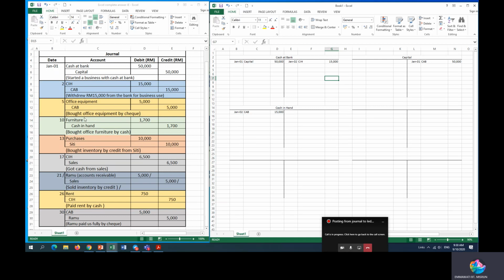So we proceed to January 5th. So January 5th, we have office equipment and cash at bank. Again, we are going to use the same cash at bank account, and we need to open a new office equipment. So we will have a new T account for office equipment.